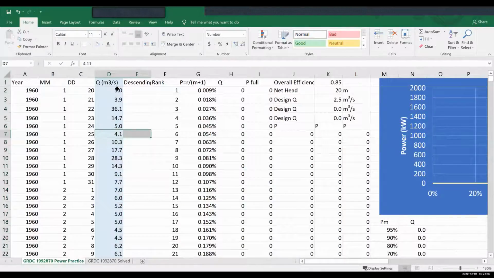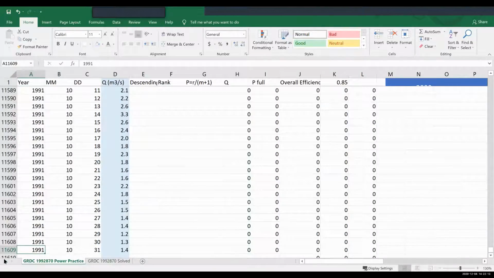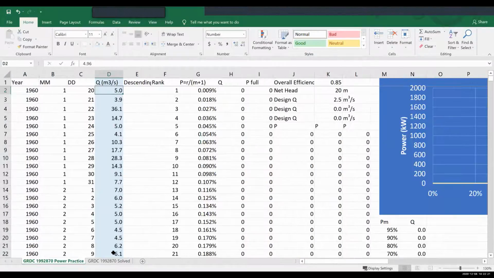This is the discharge data I have from 1960 to 1991, October 31st. Now I want to basically find the flow duration curve of this data.